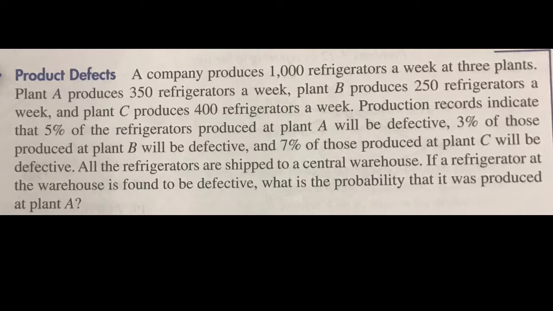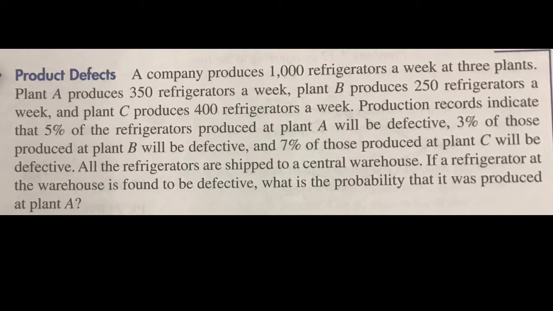Production records indicate that 5% of the refrigerators produced at Plant A will be defective, 3% of Plant B will be defective, and 7% produced at Plant C will be defective. All refrigerators are then sent to a central warehouse. And now finally the question asks, if a refrigerator at the warehouse is found to be defective, what is the probability that it was produced at Plant A?